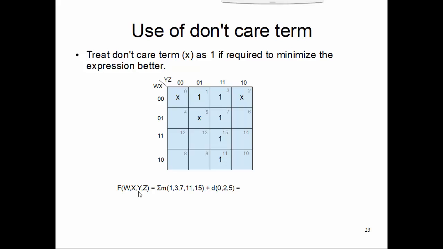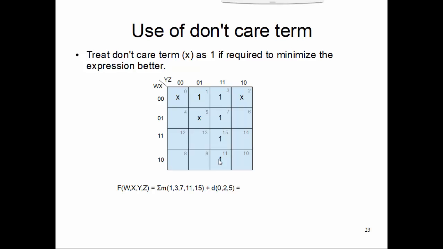And for the don't care term, we place x in the box. So this is different from what math used to do. I'm not sure if math has don't care; theoretically it should not have to deal with don't care. This is a specially special consideration in the digital circuit design domain.